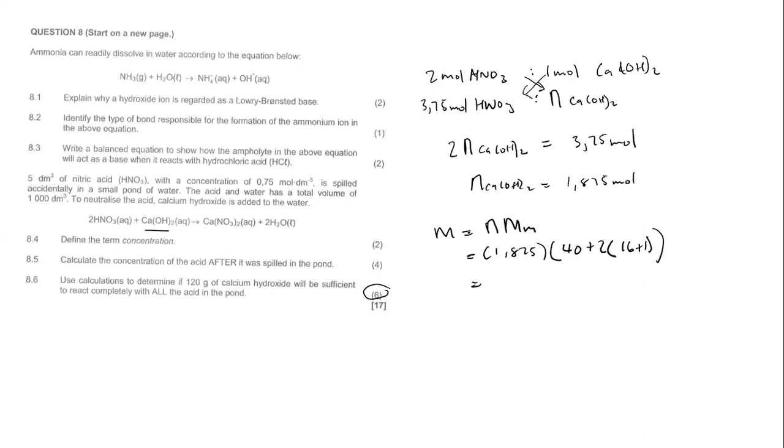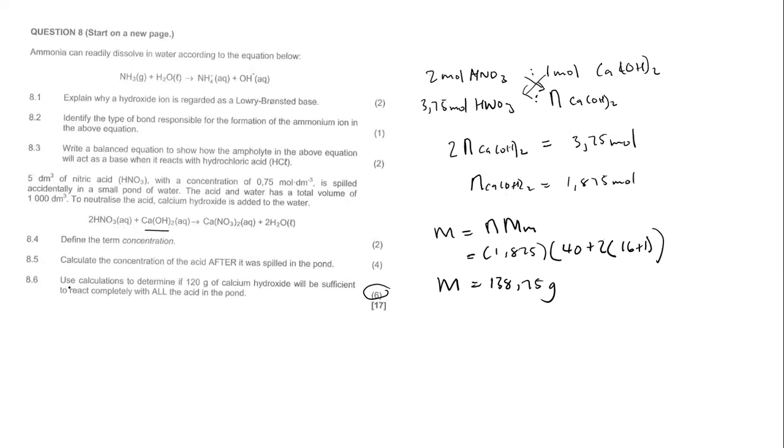Let us punch everything on our calculator: 1.875 times open bracket 40 plus 2 open bracket 16 plus 1 close bracket twice. I get the mass of calcium hydroxide as 138.75 grams. This is the mass of calcium hydroxide needed to react with nitric acid.